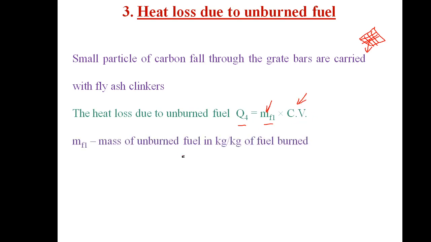Say, for example, 1 kg of fuel is supplied into the combustion chamber. Out of that 1 kg, 10 grams falls into the ash pit. That means 990 grams burns, but the 10 grams is lost by moving along with the ash into the ash pit. That is the unburned fuel.